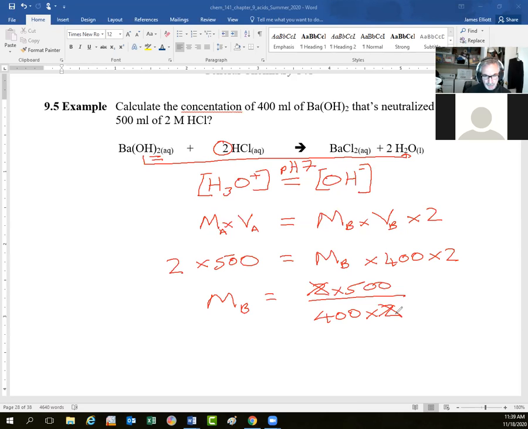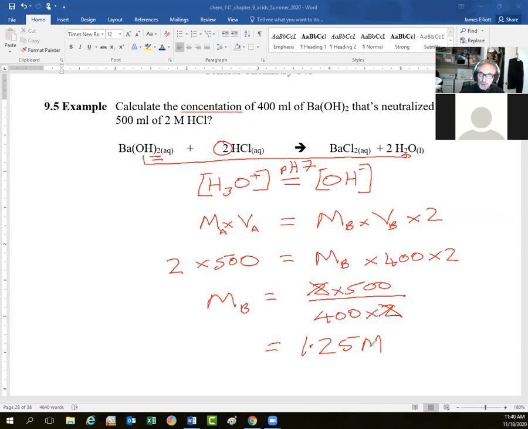And so basically 500 divided by 400, that should come to 1.25. So molarity of the barium hydroxide, 1.25. Any questions about that one?